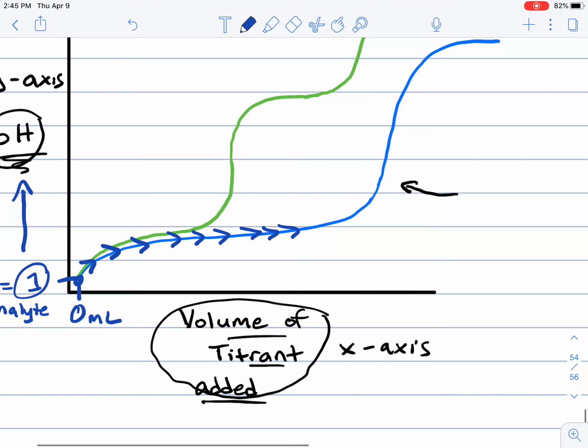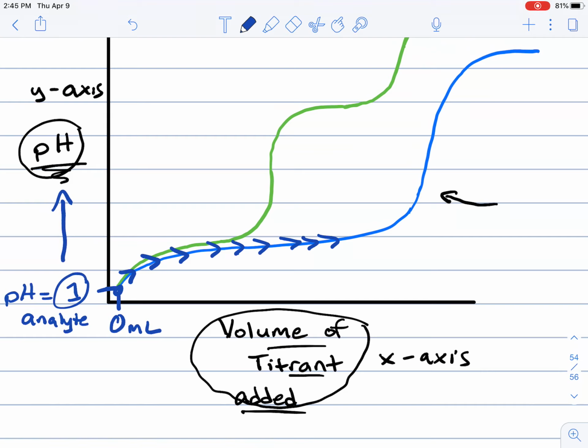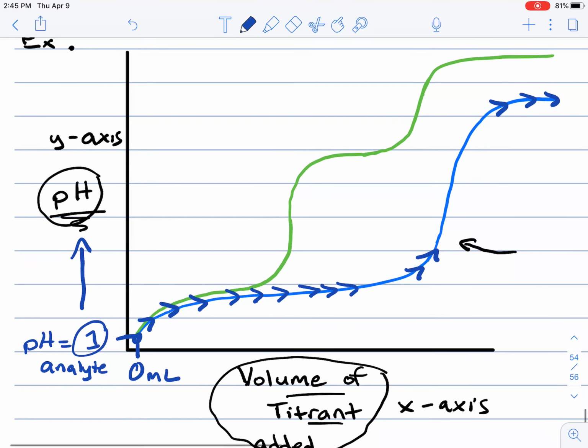And so as we add successive amounts of titrant into this analyte, the pH of the analyte is going to increase such that at one point it's going to have this really steep jump. And then it kind of plateaus again. But if you look at this steep jump, notice that it went from a low pH to a high pH.